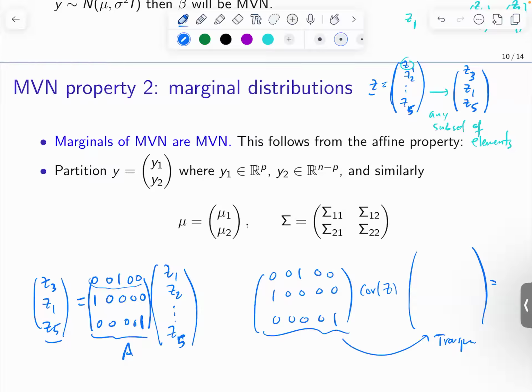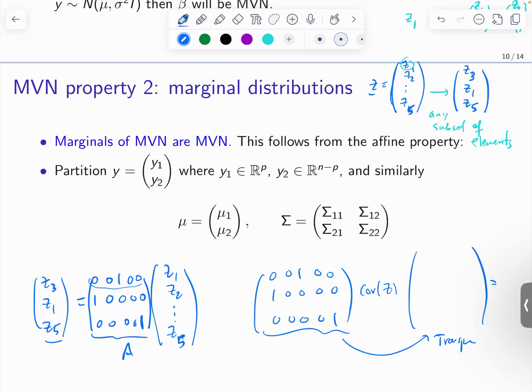It would have variances on the diagonal and the pairwise covariances on the off diagonal. You don't need to do that calculation. These calculations are kind of trivial. You already know the mean of this would be the expectation, which would be mu3, mu1, and mu5, and then the covariance matrix you can just write down.